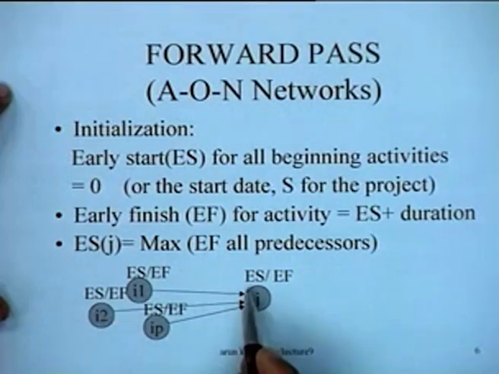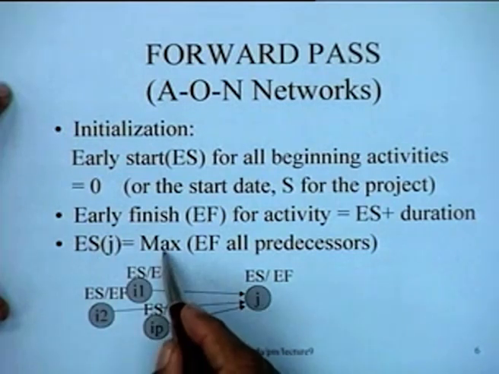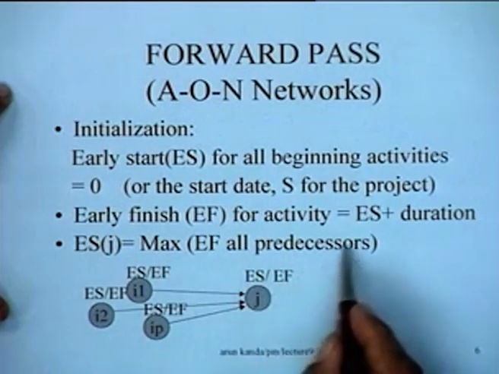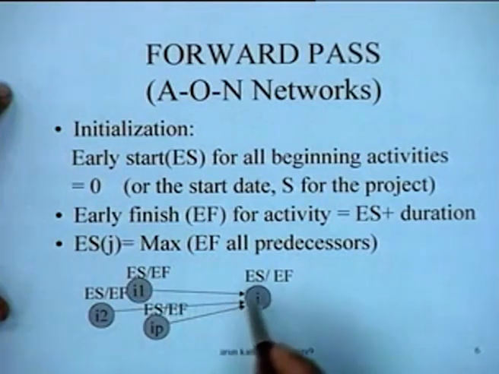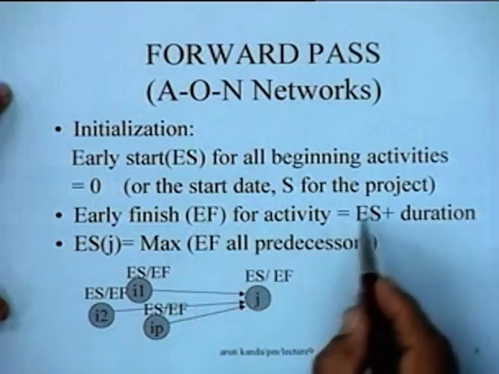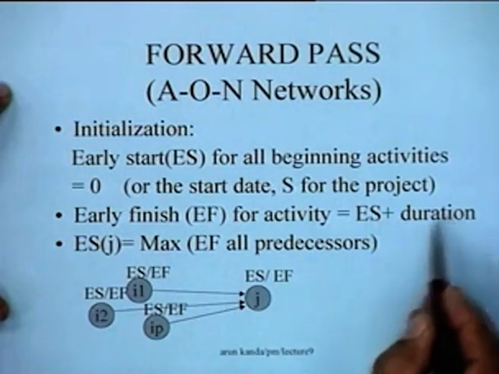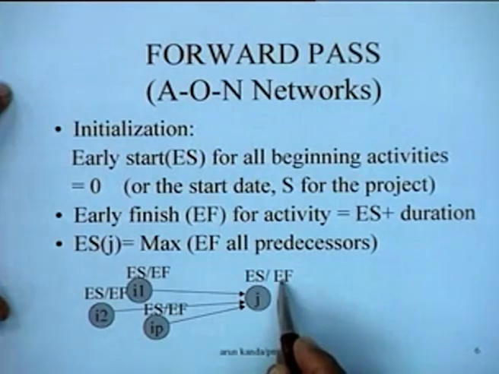So what we have to simply do is take the early start of activity J as the maximum of the early finish of all predecessors. So you look at this number, which is the early finish of these particular activities, and we compute the early start for this activity. And once the early start is computed, the early finish is then computed by adding the duration to this activity. So we can obtain the early start and the early finish for a forward pass.